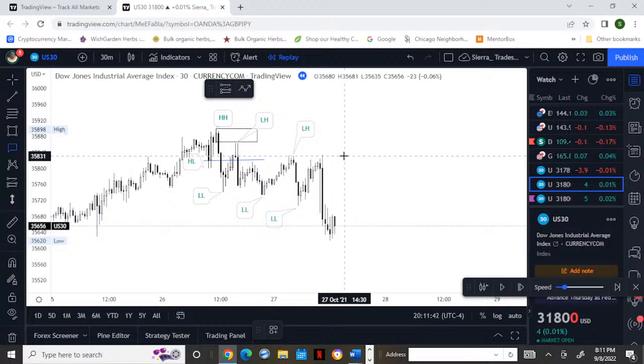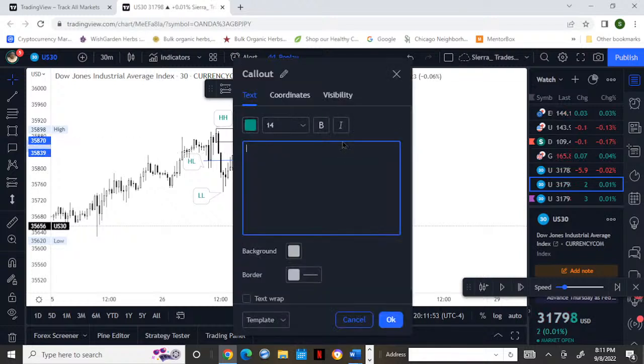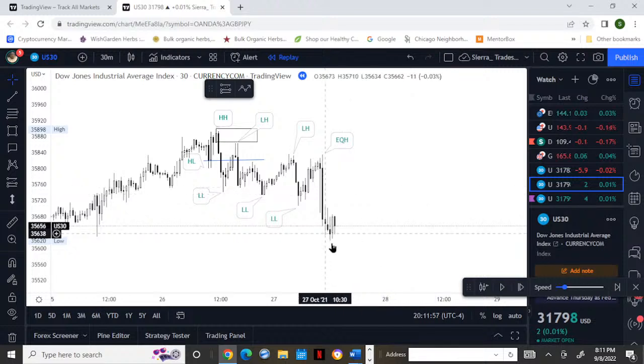And we technically have equal highs here. See that? I'm going to just put EQH and lower low.